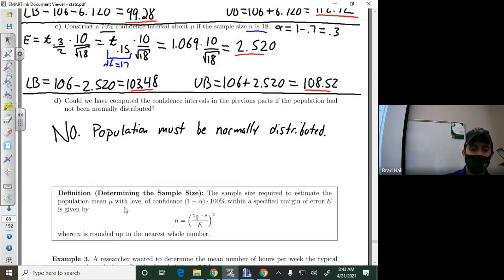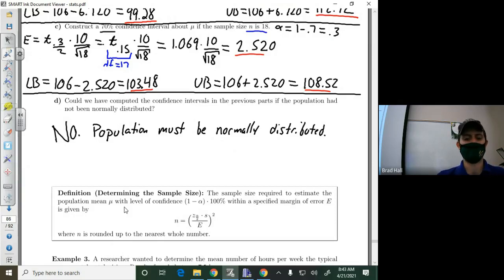If not, we also need to figure out how to determine an appropriate sample size. We did this at the end of the last section. You need a certain sample size to estimate the population mean with a particular level of confidence within a specified margin of error.